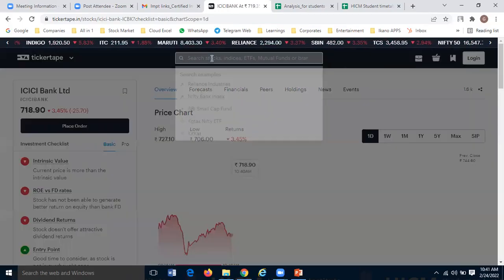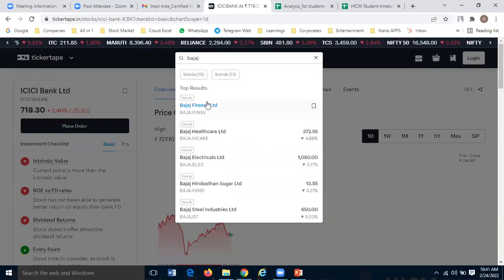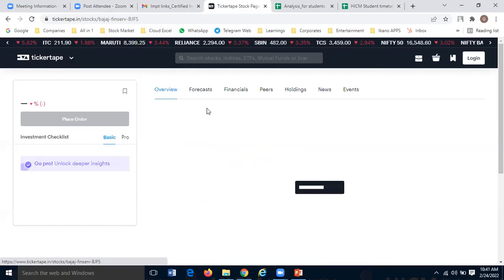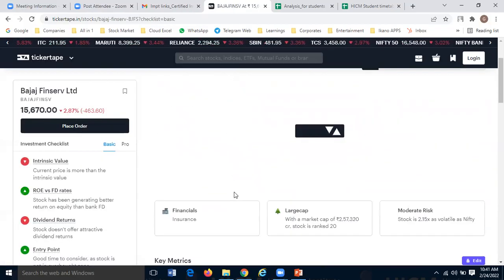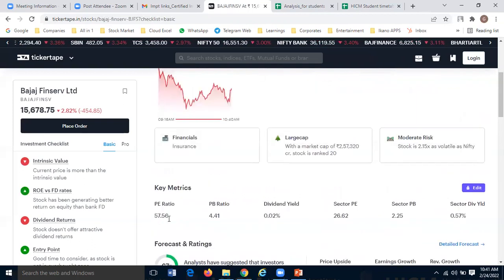See, some of the stocks are there. If you go to Bajaj Finserv, this is an NBFC. You will see the NBFC sector PE is 26. I will tell you Bajaj Finance is always overvalued because I am comparing with this sector PE, which is 57 actually.